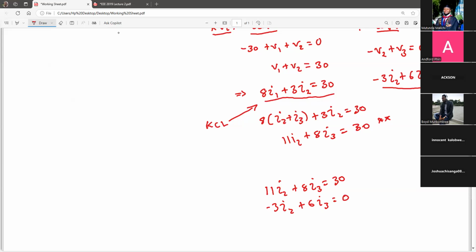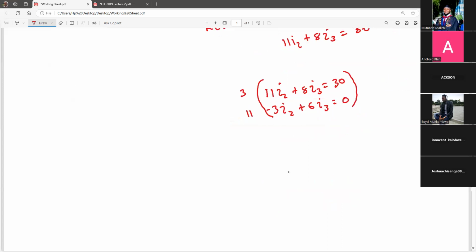So for me, this one, I like to use elimination. So I want to eliminate I2 from these two expressions. Okay, so what I'll do is I'll multiply by 11 down and multiply by 3 up. Okay, and then the resulting equations, I should be able to add them.